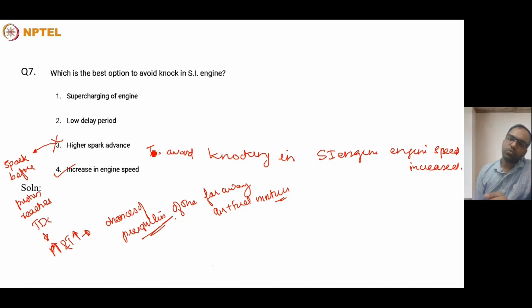In the case of a CI engine, since it is a fuel injection engine, the atomization physical delays will be present. But the SI engine has a homogeneous mixture of air and fuel even before entering the cylinder. There is no delay period as such.